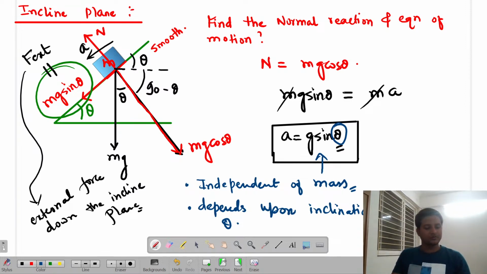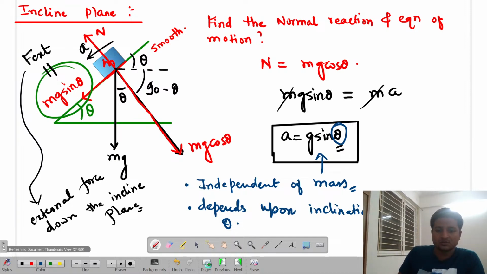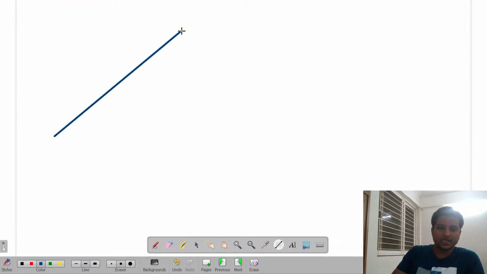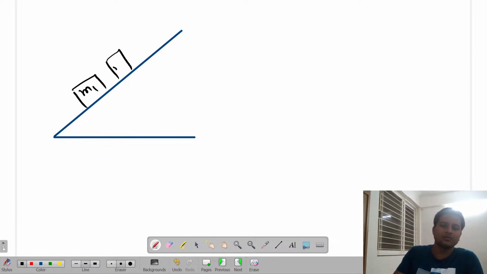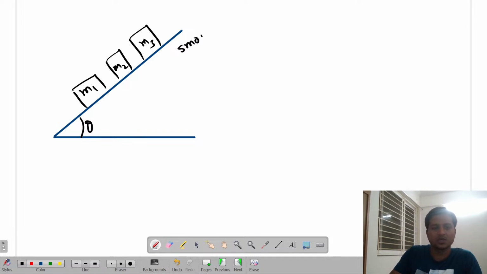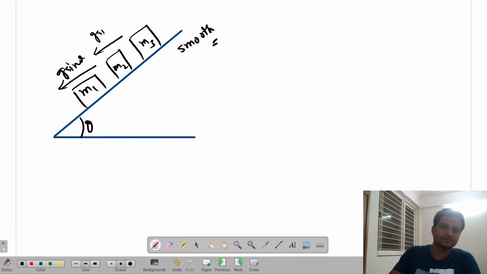So look carefully. Let's suppose I took a perfect inclined plane, and there are many masses m1, m2, m3, and so on. If this inclination is theta and this surface is smooth in nature, then all these blocks have the same acceleration, g sin theta, g sin theta, and g sin theta.